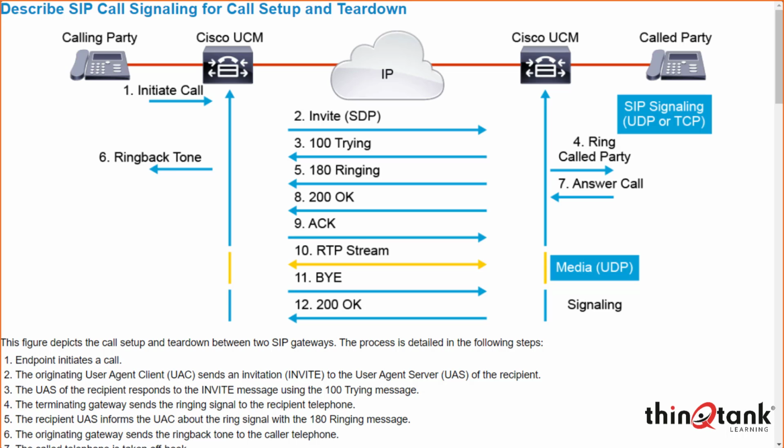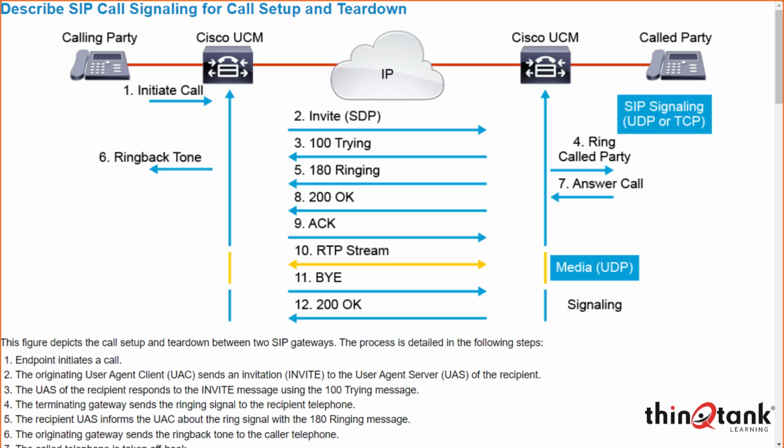All right, so I know it says the RTP stream is terminated between CUCM on the left and CUCM on the right. That's actually not true. Now, it would be true if that's a trunk between them. In this case, I think that's what they're depicting, that there's a SIP trunk between the call manager on the left and the call manager on the right.